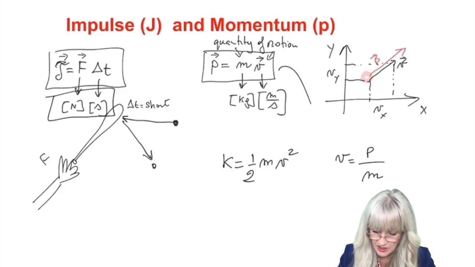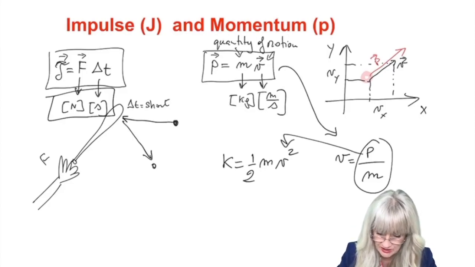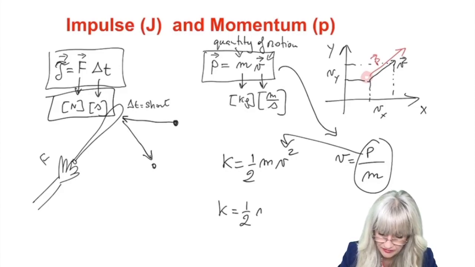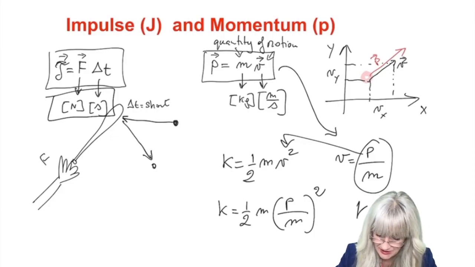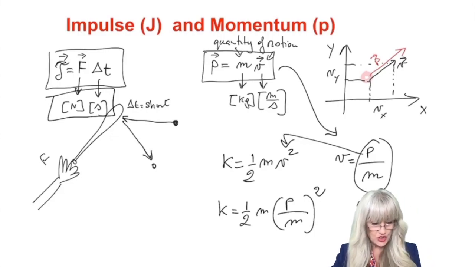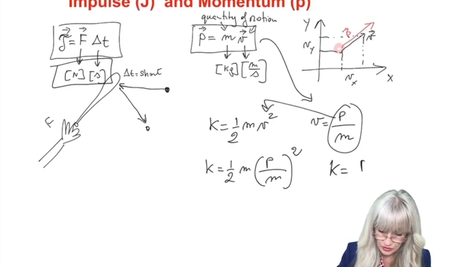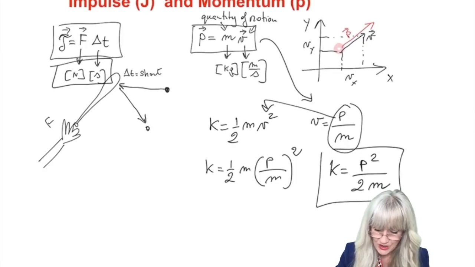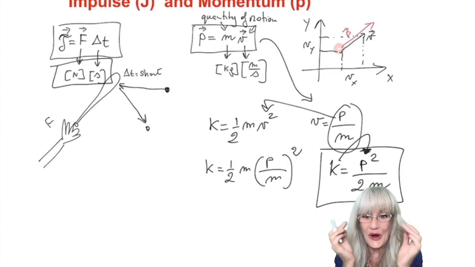So out of this equation I derive v, and I'm going to plug this quantity straight into kinetic energy, which will be 1/2 the mass times momentum squared over mass squared. When you do the math, you will obtain that the kinetic energy is also defined very simply as momentum squared divided by twice the mass. So we can also rewrite the kinetic energy as a function of momentum P, this quantity of motion.